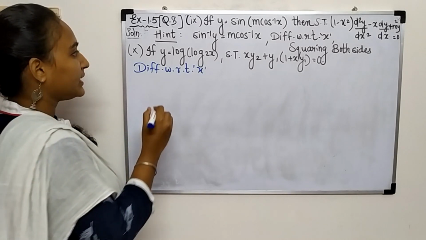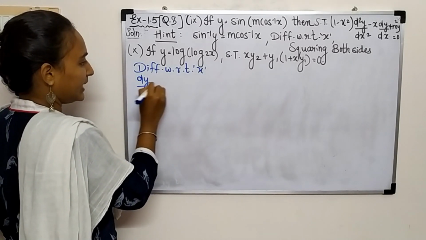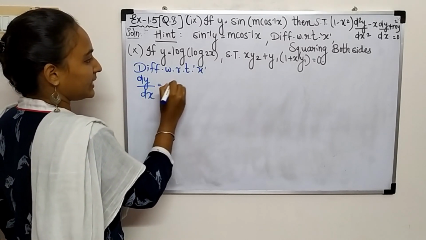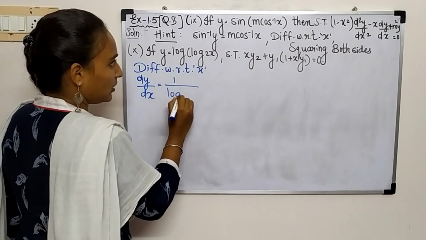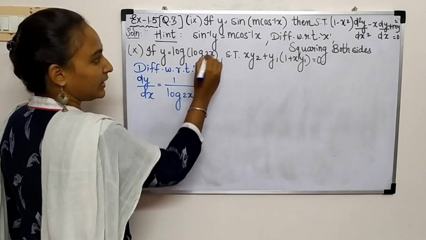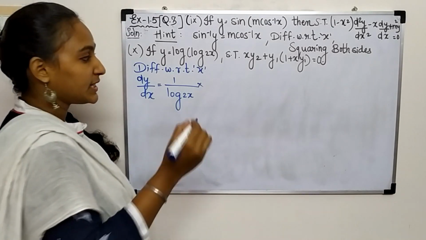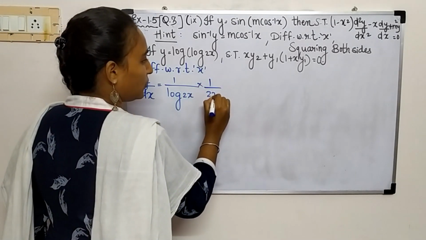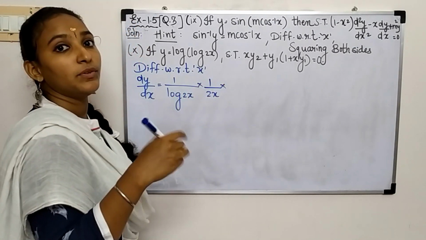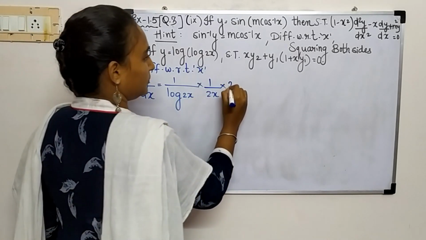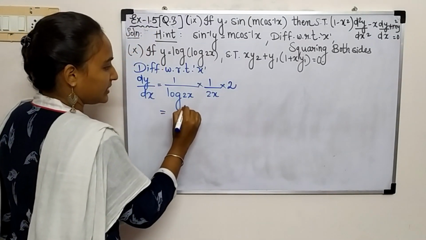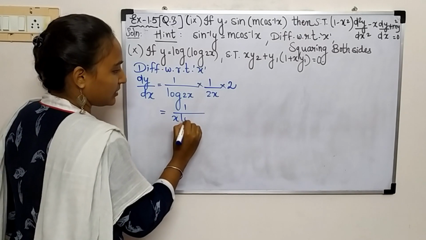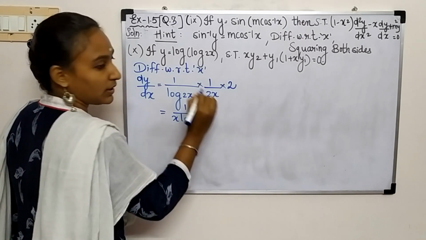Differentiating with respect to x, dy by dx is equal to 1 upon log 2x, and the derivative of log 2x is 1 by 2x, and the derivative of 2x is 2. So the answer is 1 by x log 2x.